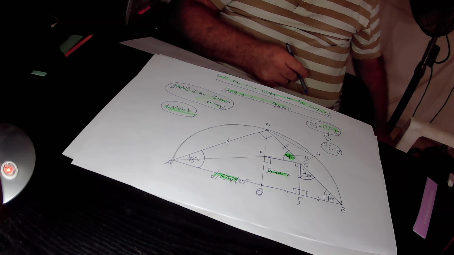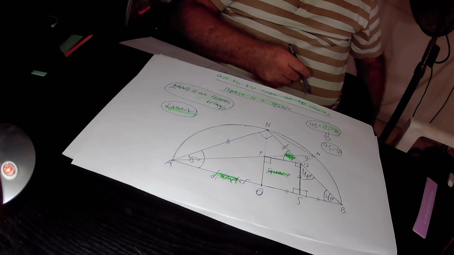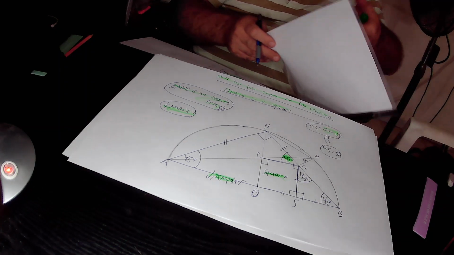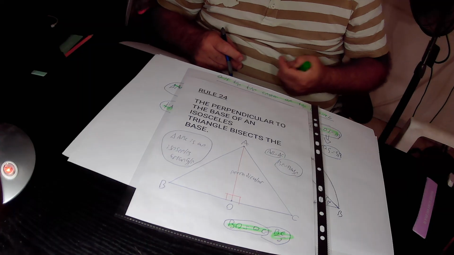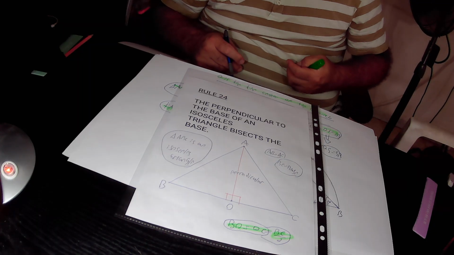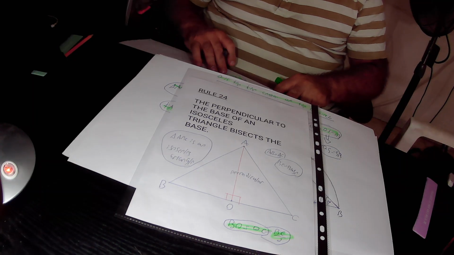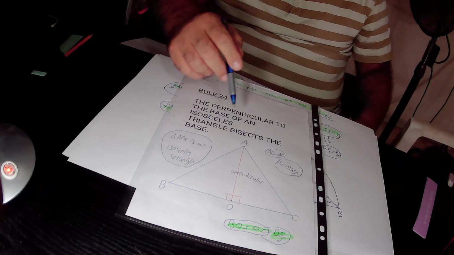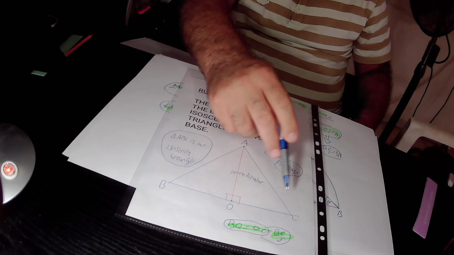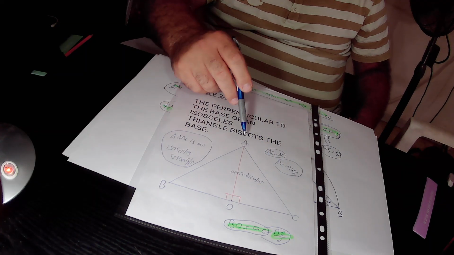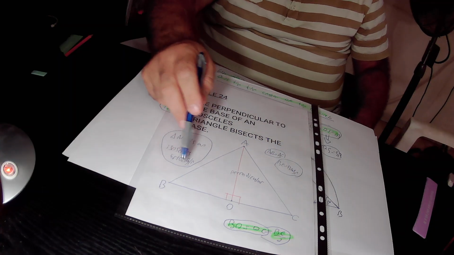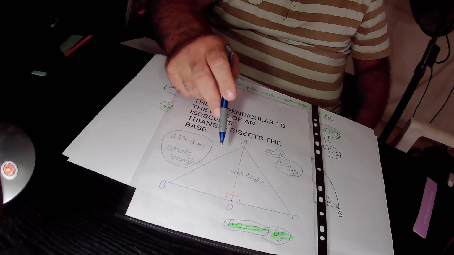According to rule 24, the perpendicular to the base of an isosceles triangle bisects the base. In the drawing we have the isosceles triangle ABC. Triangle ABC is an isosceles triangle because side AB equals side AC. BC is the base of this isosceles triangle.